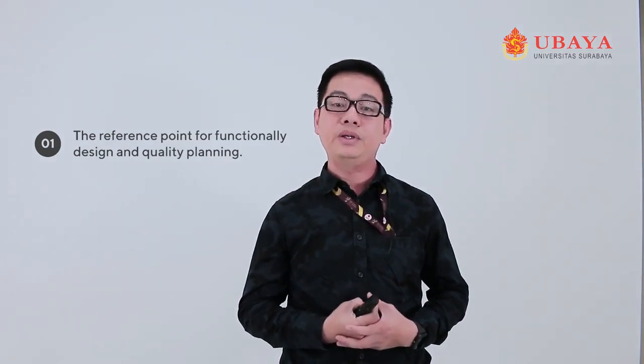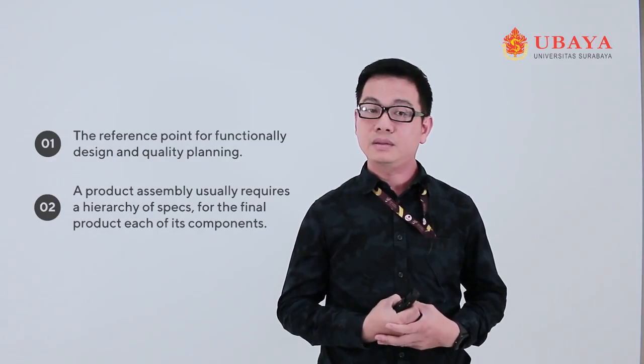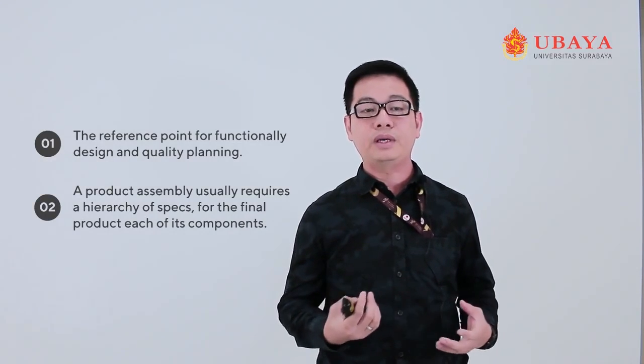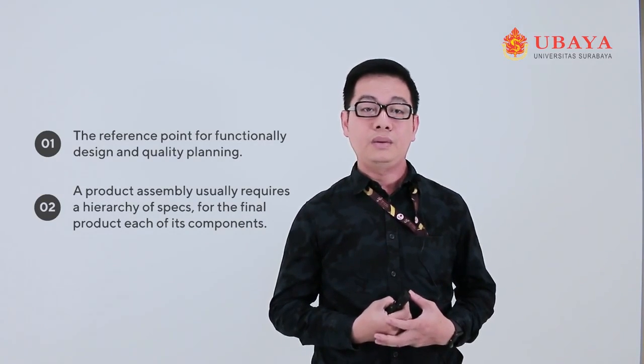And the product assembly usually requires a hierarchy of specs for the final product and each of its components. So again, your customer will ask you whether it is a good product or not. Good product or not is sometimes valued through a set of specs.